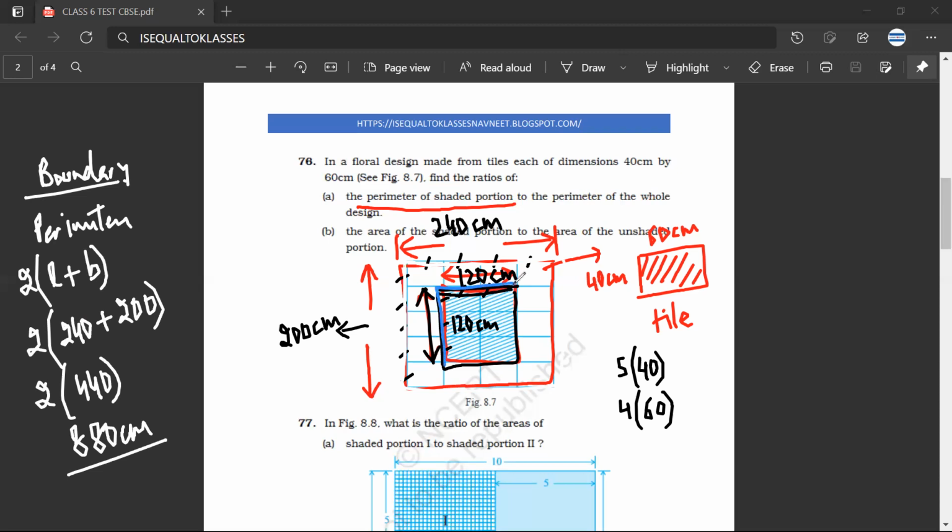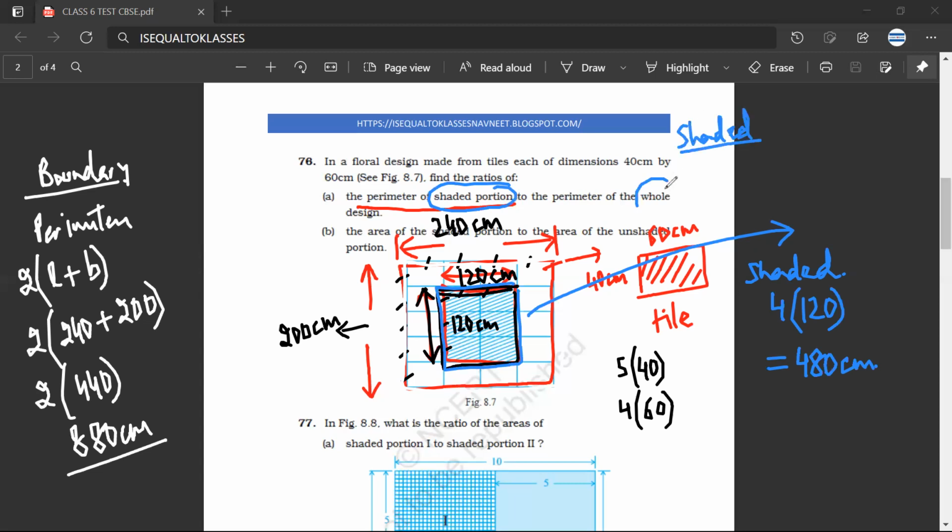Now this is a square. So what would be the perimeter, Mr. Sarthak? So 120 into 4. So 480 centimeters. Shabash. So it will be 4 into 120. This will be 480 centimeters. I want the perimeter of the shaded portion to whole.